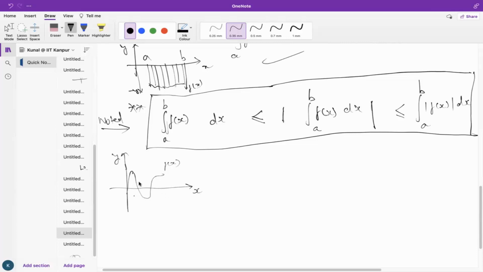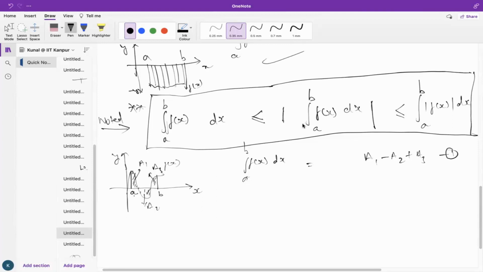When we calculate the integration of f(x) dx from a to b, this part has area a1, a2, and a3. So from a to b, its value will be a1 minus a2 plus a3, right? This is equation 1.